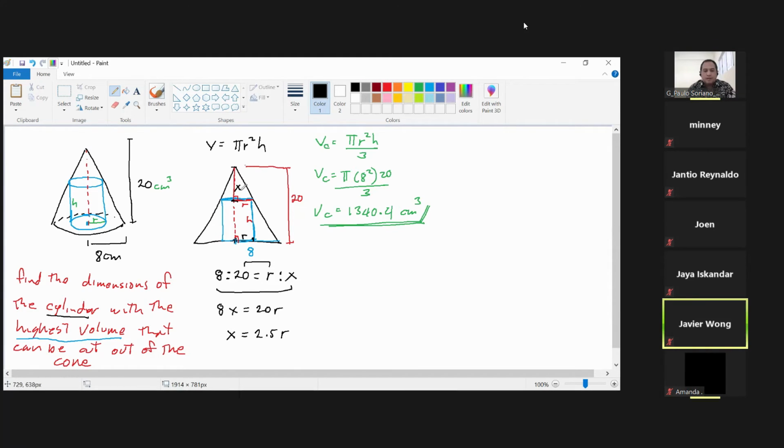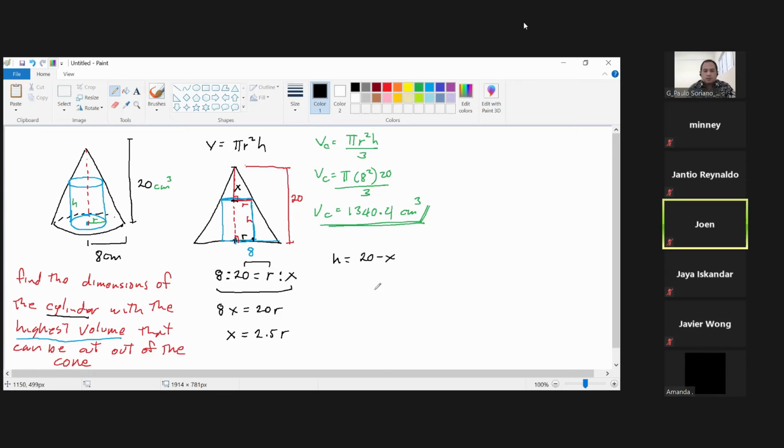But what is x in terms of h? h is equal to 20 minus x. Substitute it here. So h is equal to 20 minus 2.5 r.